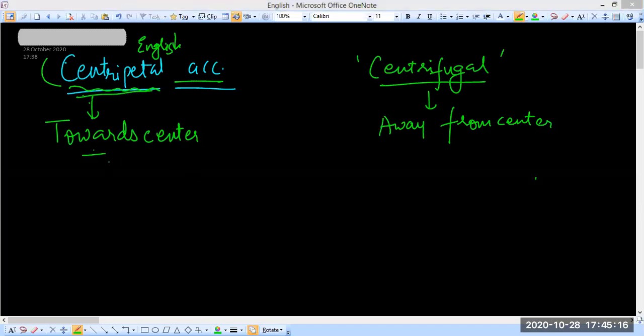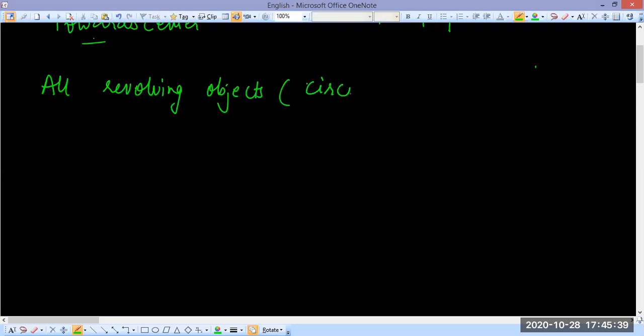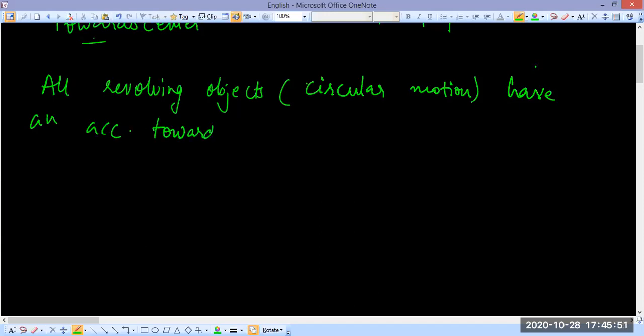Okay, so centripetal acceleration is acceleration towards center. Let's find what it is exactly. See, all revolving objects, or all objects in circular motion, have an acceleration towards center.